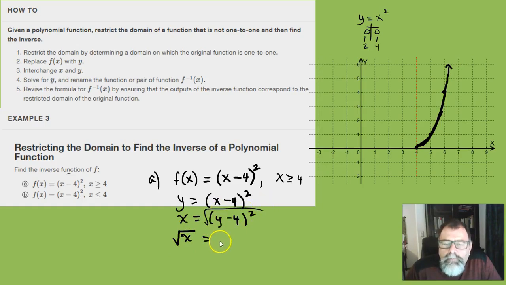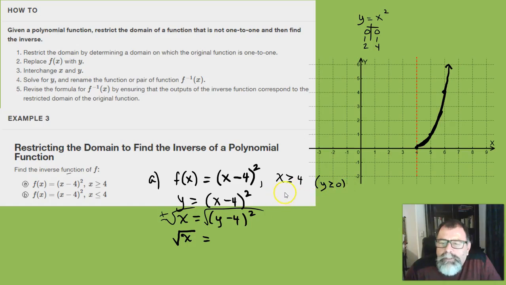Square root. And remember, you've got to do the plus or minus, but remember we're doing just the positive one here. So we're going to throw out the negative one. So the y values are positive and you interchange, right? So y is greater than or equal to 0.